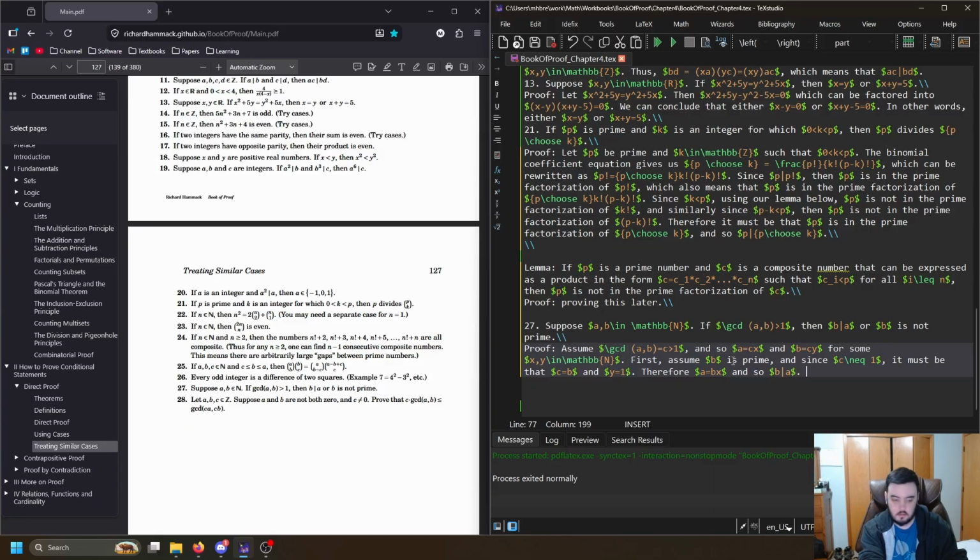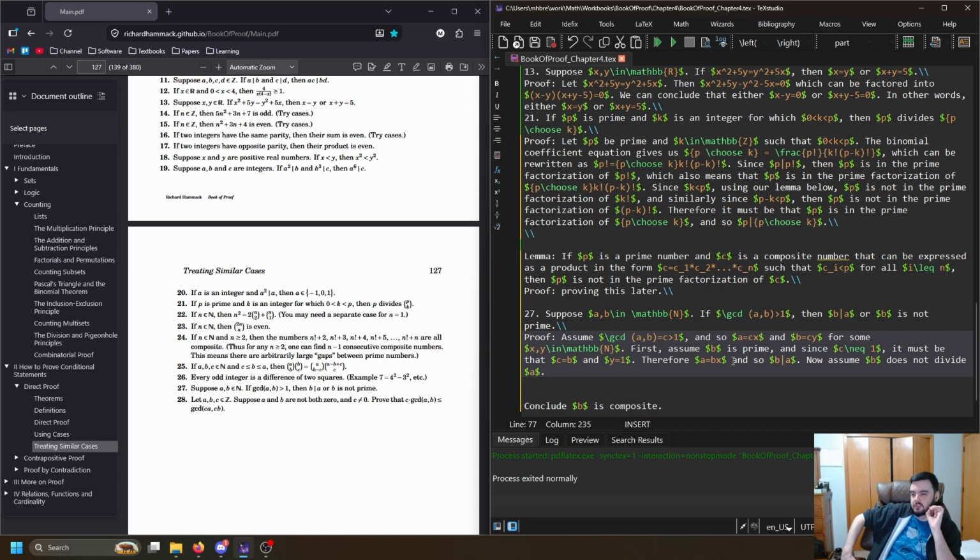Okay, we concluded that. Now, assume B does not divide A. And I need to show that B is a composite number.